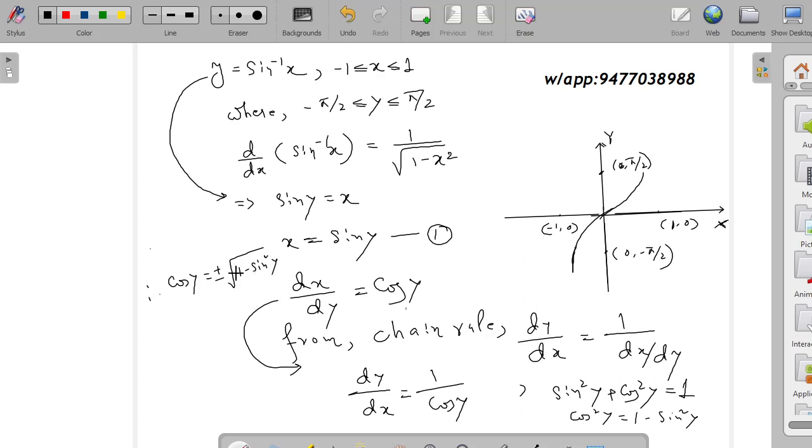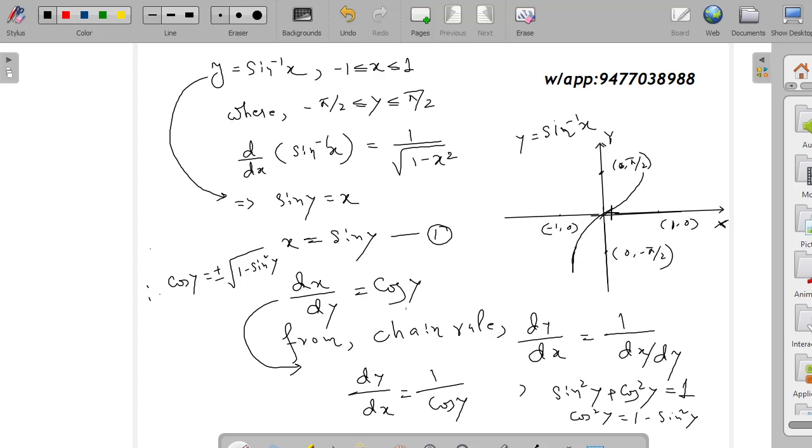Now the question is, before the square root sign we have a positive and a negative sign. Which one should we take? See, if we look at the graph of sine inverse x, this is the graph of sine inverse x, where the domain of the function is from -1 to 1 and the range of the function is from -π/2 to π/2.